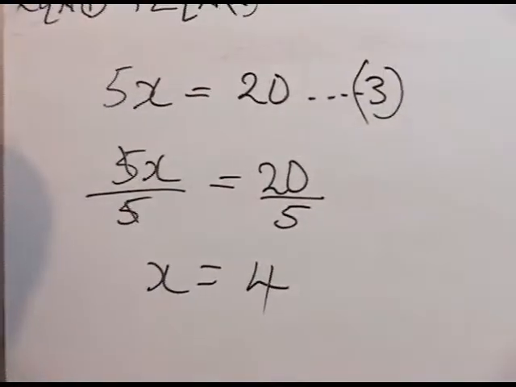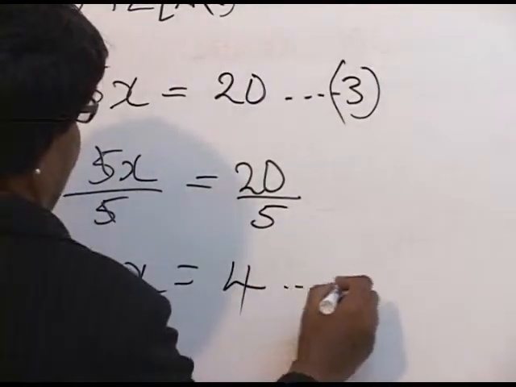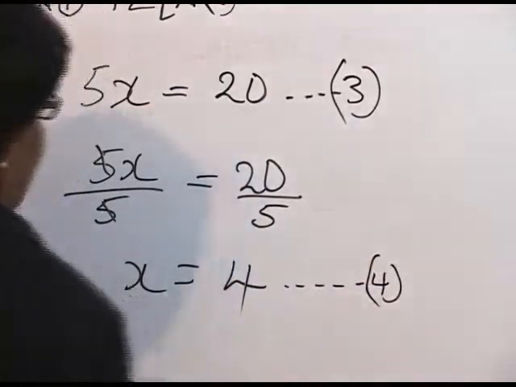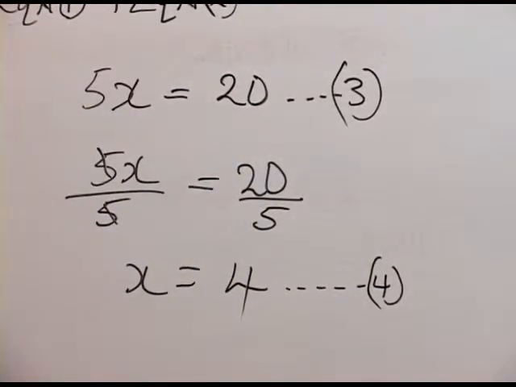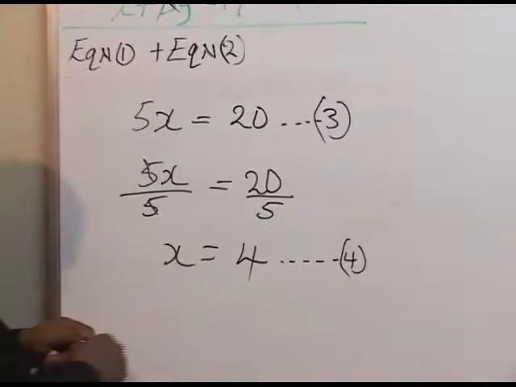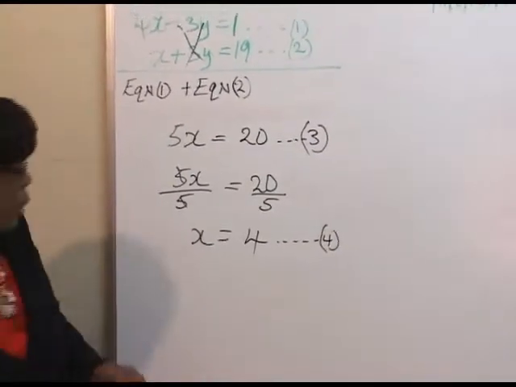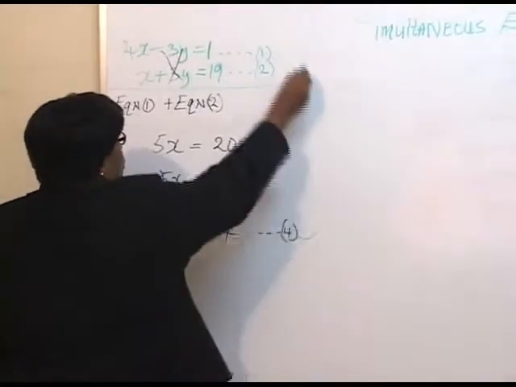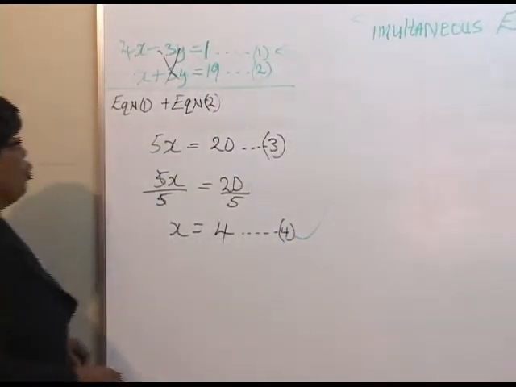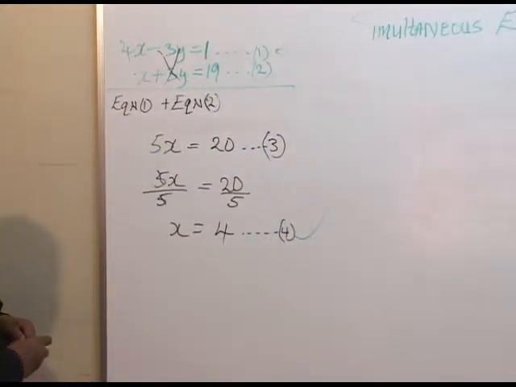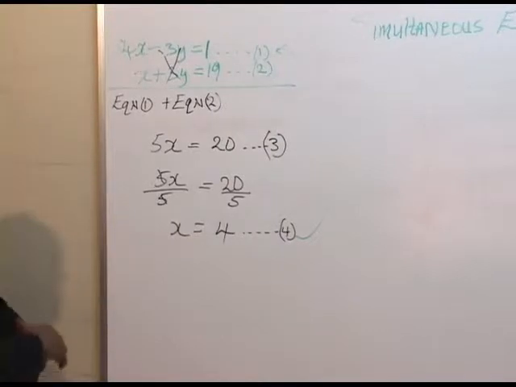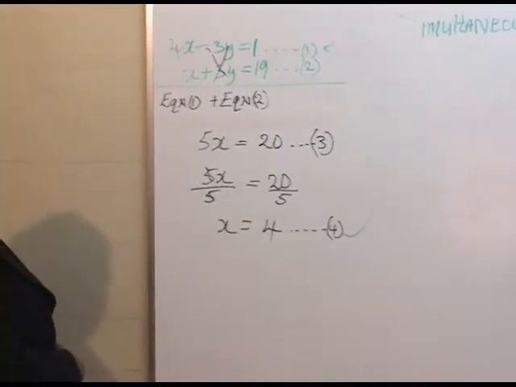This is now our equation 4, okay? We're going to use the value in equation 4 for x and go back to our original equations. And we're going to see which one we're using, substituting in it to get the value for y. Now, which one should we be using?